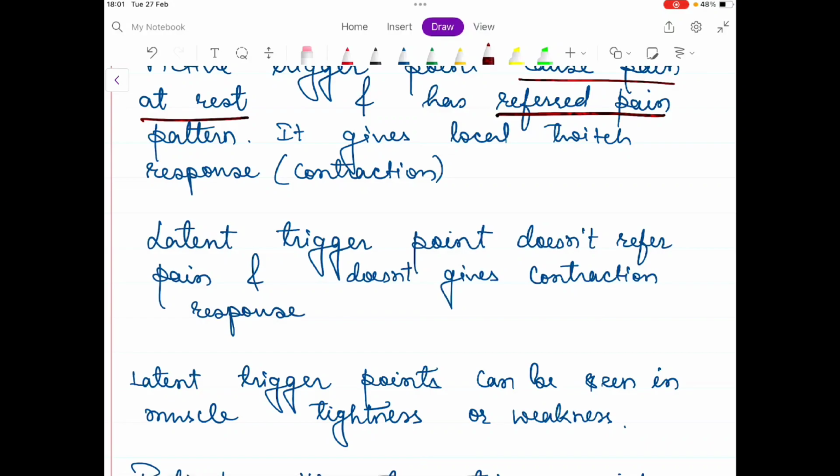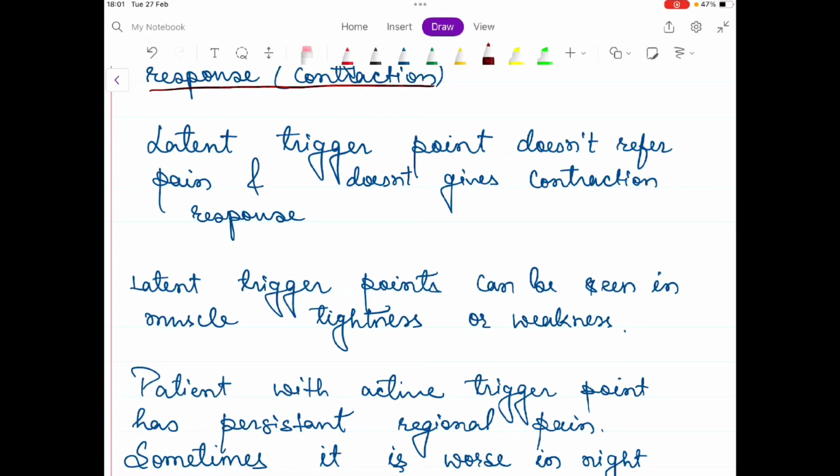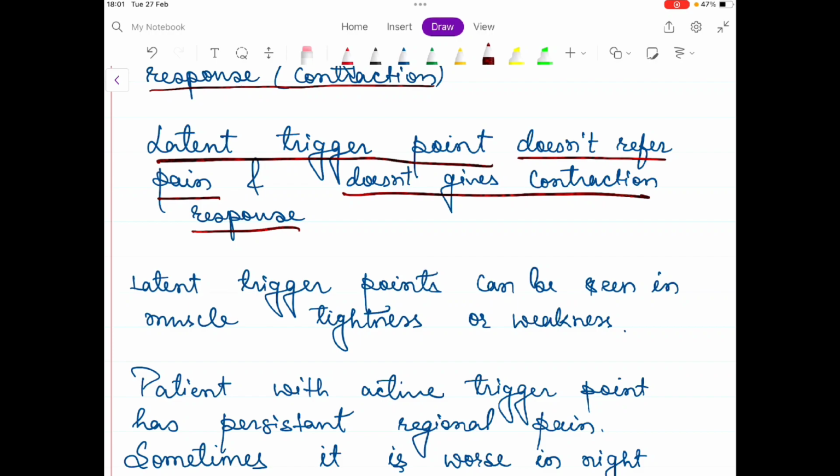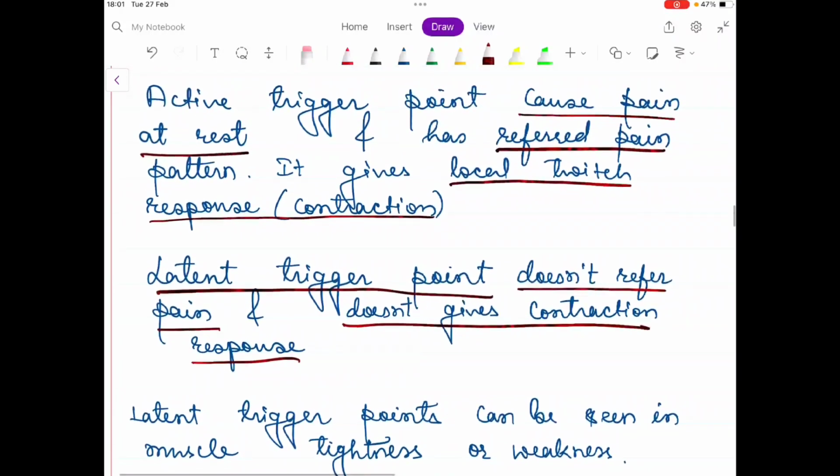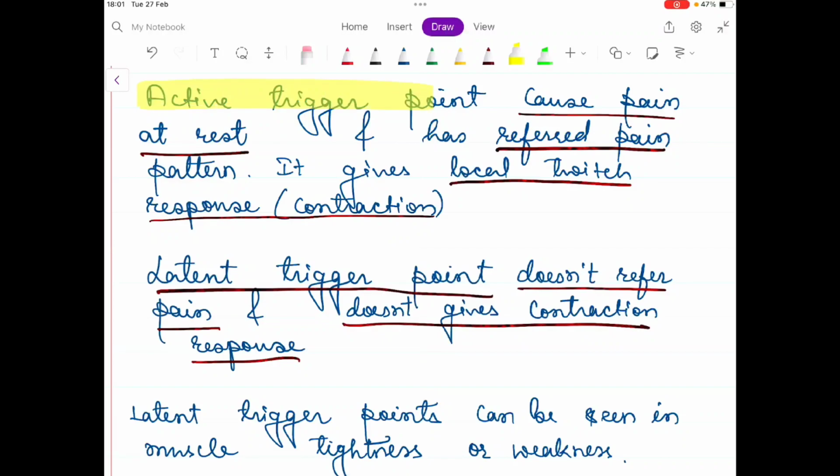On pressing, it will give you a local twitch response, which is a contraction. A latent trigger point doesn't refer pain and doesn't give a contraction response. So these are the differences between the active trigger point and the latent trigger point.